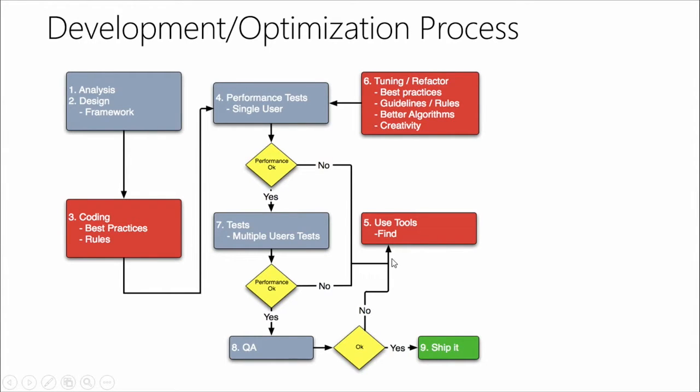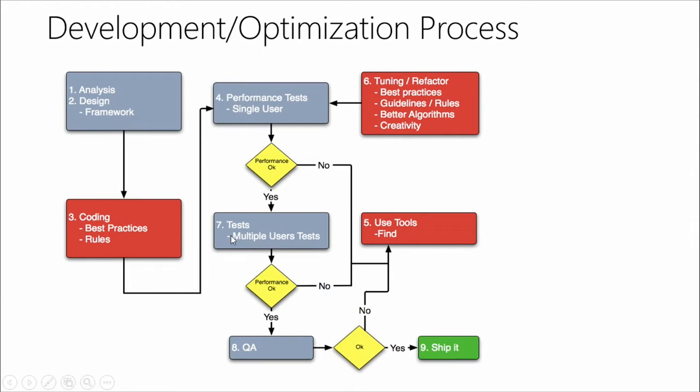Now, that's the time you should not guess, right? You should use the profiling tools to find out where the bottleneck might be. And once you determine your bottleneck, you will go back to think about all the best practices, all the tips and tricks, and all the better algorithms, and apply them onto your code to see if you could fix the problem. Then do the single user test again, and this time you say, great, I passed.